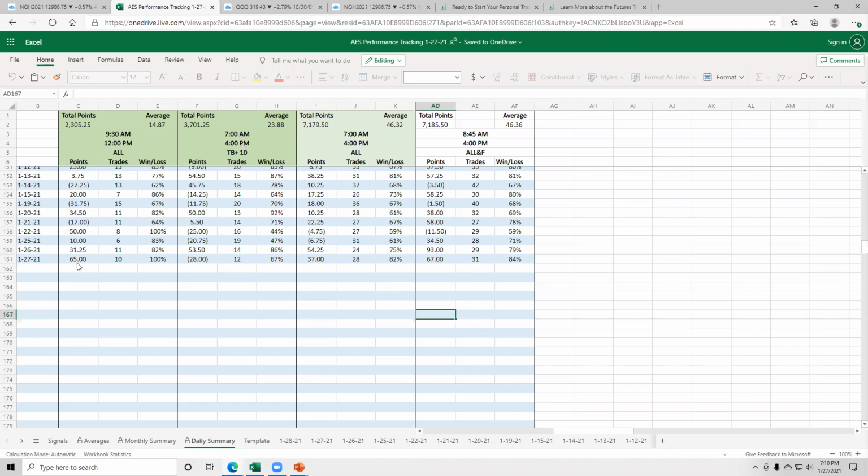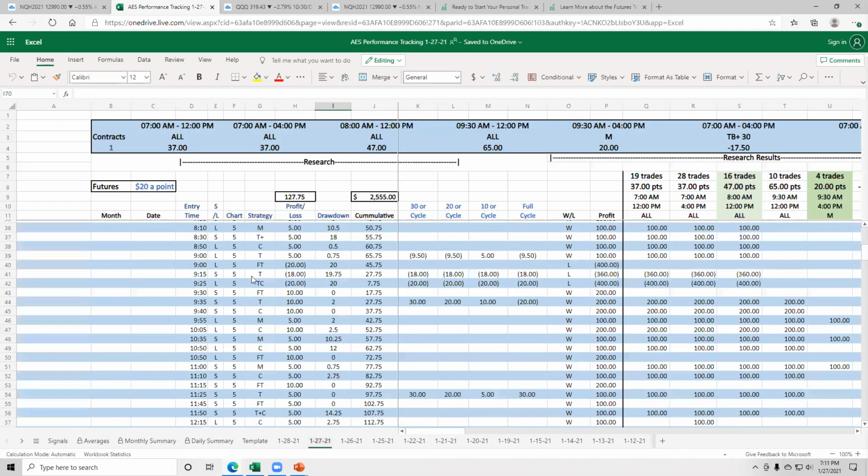Today, we actually earned 65 points of profit in the 9:30 to noon category. Now that's pretty exciting, considering if you go back to the detail and realize that we opened at 8:45, and looking from 8:50 on, we had those initial trades.